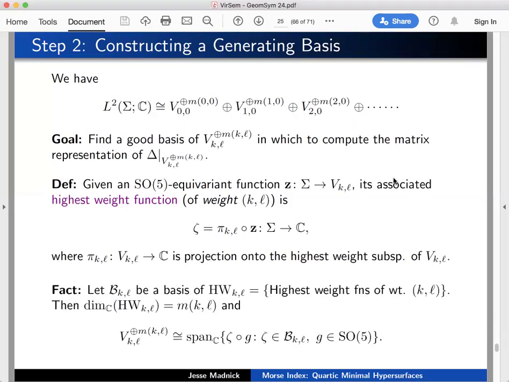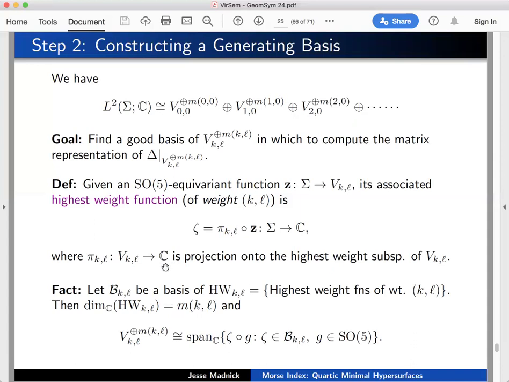It turns out that the set of highest weight functions is a vector space, and it has all of these really nice properties. The properties of these highest weight functions are really crucial. This is really the engine that makes this procedure work. The highest weight functions form a complex vector space of this complex dimension, exactly the multiplicity that appears here.